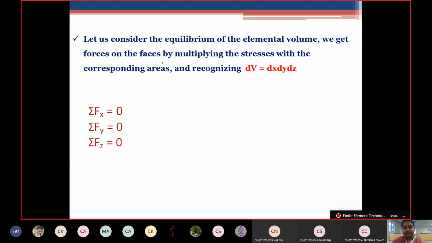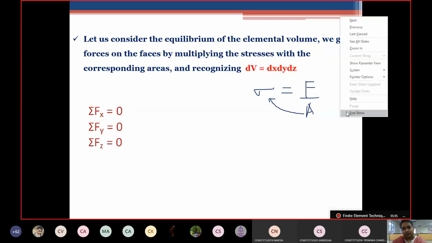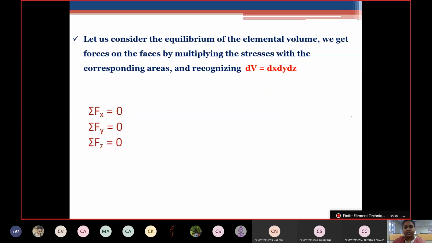We get forces on the faces by multiplying the stresses with the corresponding areas. What does this statement mean? We know stress is equal to force by area, right? So to get the force, area into stress value will give us the force.